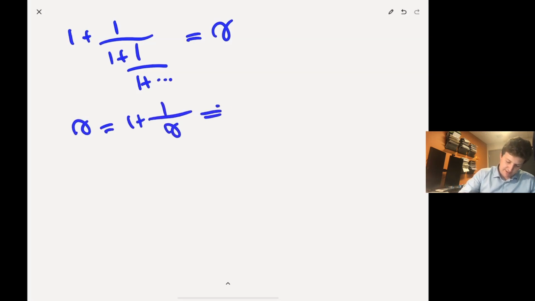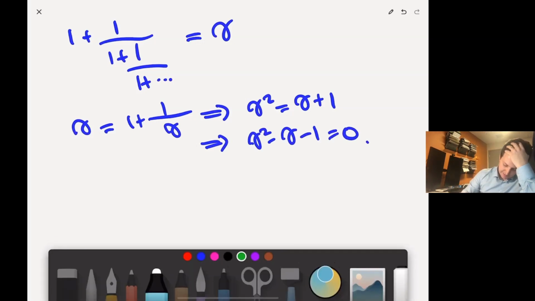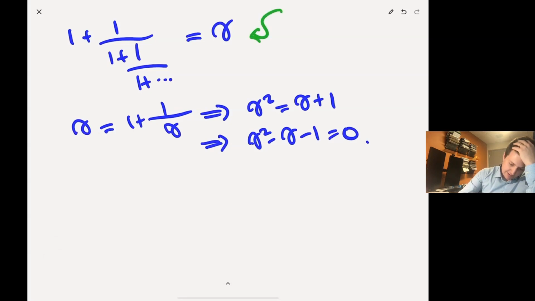This tells us that gamma squared is equal to gamma plus 1 once I clear denominators, and so gamma squared minus gamma minus 1 is equal to 0. So this is the golden ratio, the algebraic number.